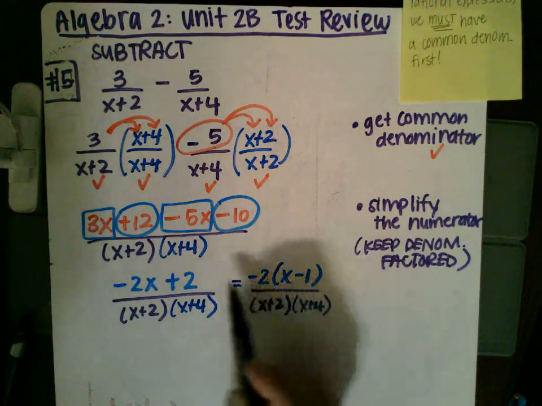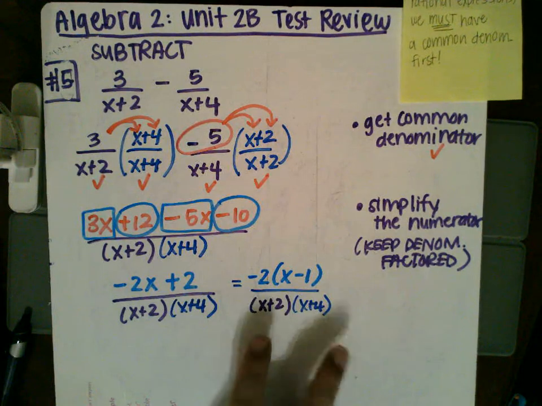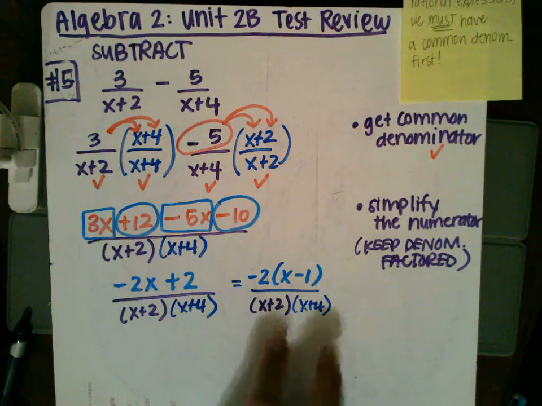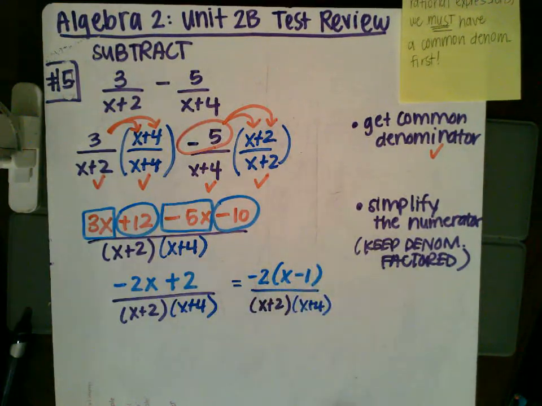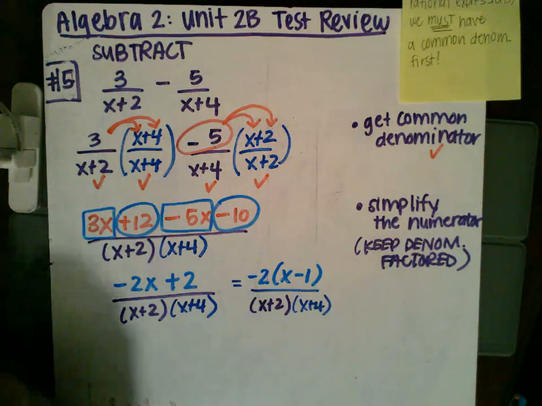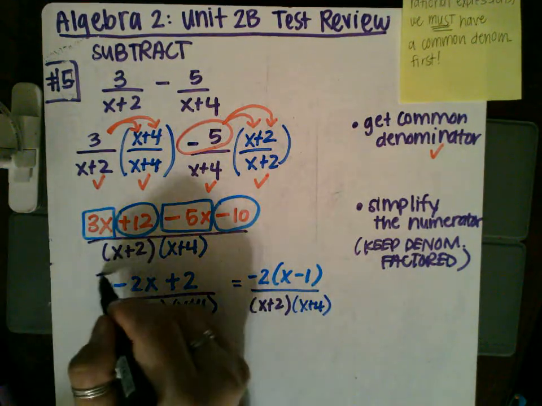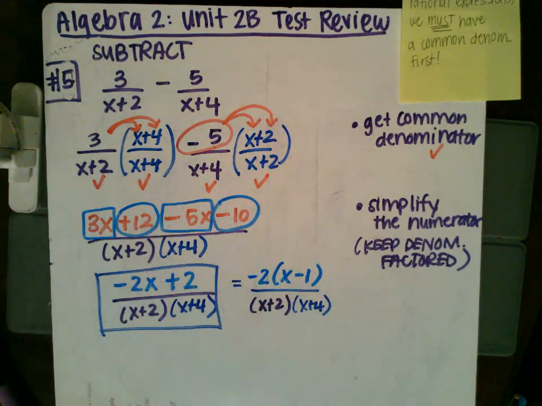Negative 2 times negative 1 is positive 2. And I noticed that this did not help me. This did not help me, right? There are no exact factors that are going to cancel out here. So my final result then would be this expression, negative 2x plus 2 over x plus 2 times x plus 4.